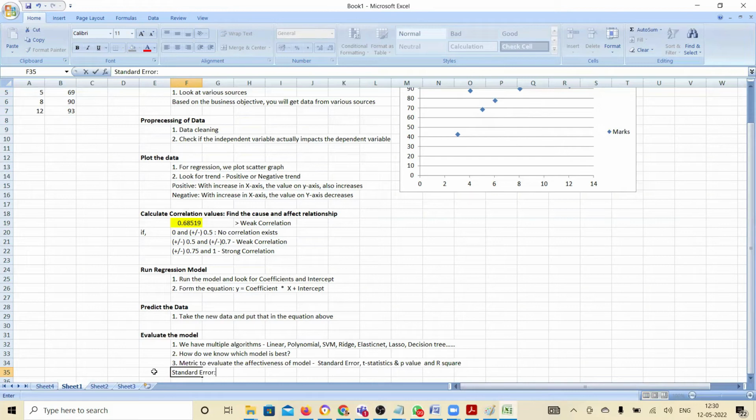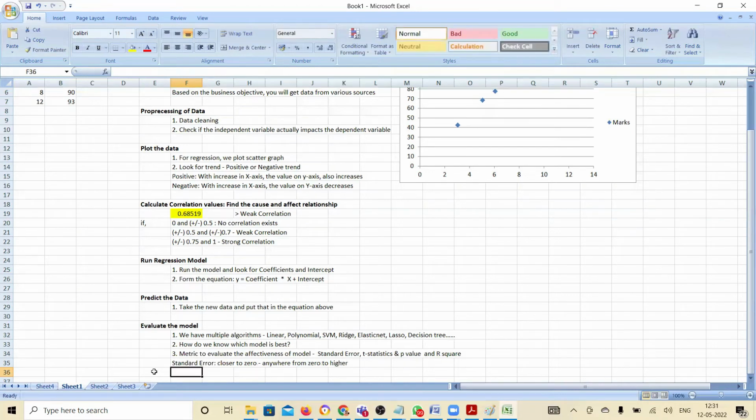So error closer to 0 is better. The value can range from 0 upward, and 0 means there is no error. So if you have to compare two models, the model which has the lesser standard error is the better model.